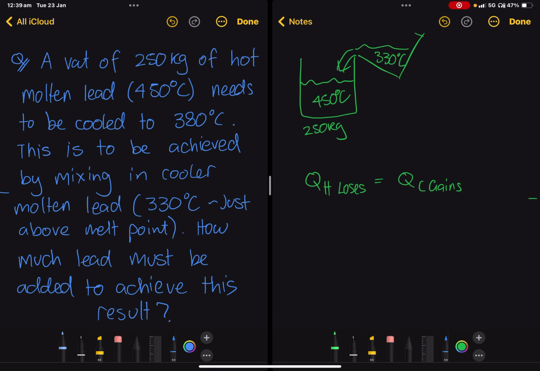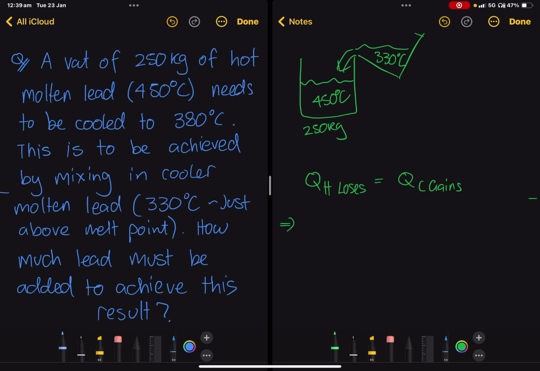These are the thermal constants, Q, when we're thinking about heat, mass and specific heat capacity, right? So that's what we're going to be dealing with here. So let's have a look at how this works.